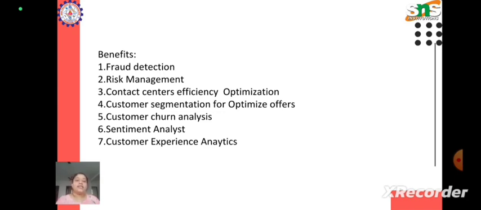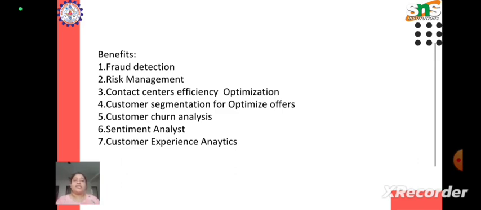The next one is customer segmentation for optimized offers. It provides a way to understand customers' needs at a granular level so that banks can deliver targeted offers more effectively. The fifth one is customer churn analysis. It helps banks retain their customers by analyzing their behavior and identifying patterns that lead to customer abandonment.